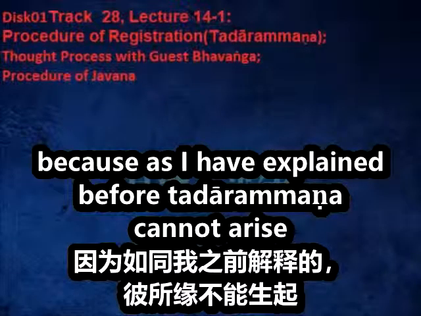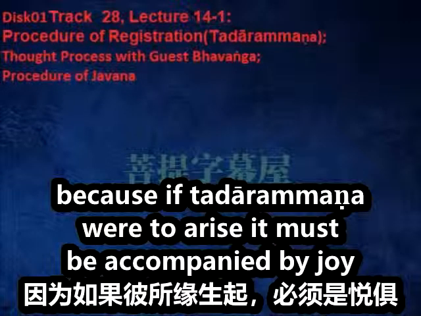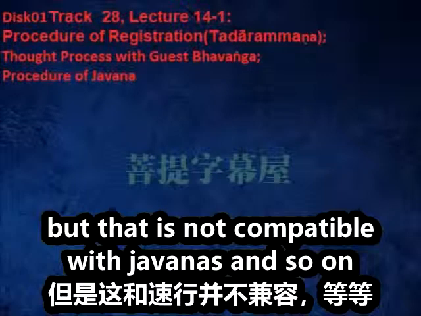Because, as I have explained before, Tadārammaṇa cannot arise. If Tadārammaṇa were to arise, it must be accompanied by joy, but that is not compatible with the Javanas and so on.